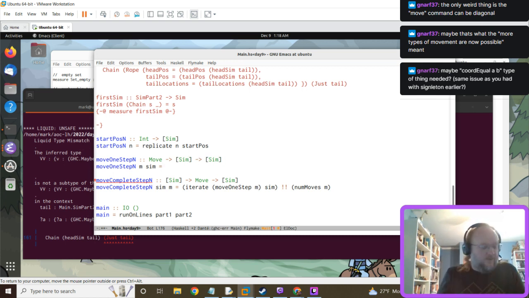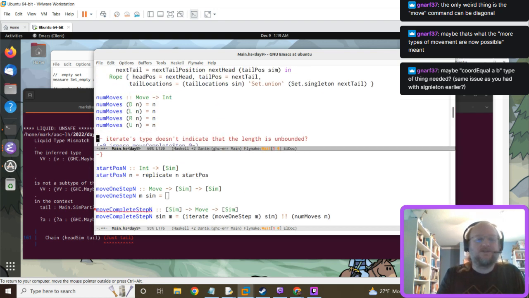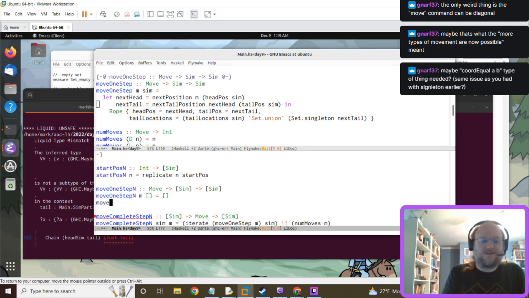All right, so we want to move the first one and then copy its tail to the next one and move that. So we should be able to just move. I could probably write this as a fold, but let's do it recursively.